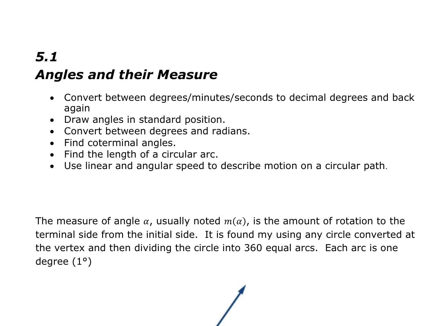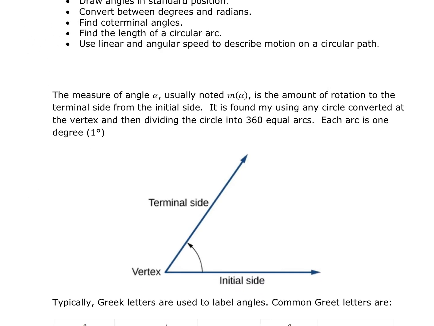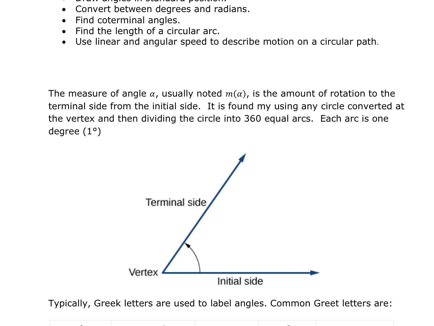So let's begin with what is the measure of an angle. By default, we're going to use Greek letters, and this is alpha. When we're talking about the measure of an angle, it's usually denoted as m and then, in parentheses, the angle that we're measuring, alpha.